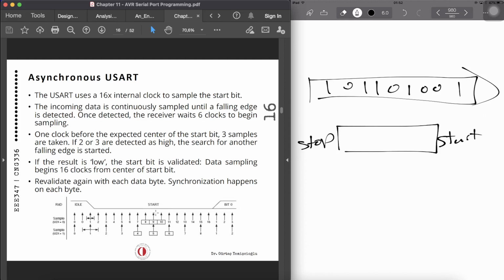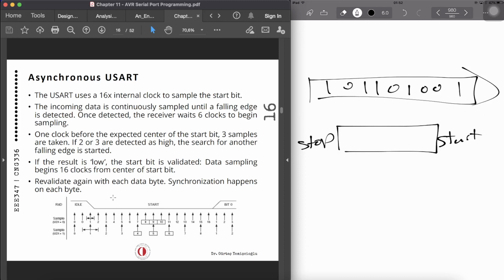What it is looking for is, because after the falling edge this is the start bit, which has to be 0, it has to make sure that those 3 samples are low. If 2 or 3 are detected to be high, the search for another falling edge is started. So if you detect high somewhere, it has to look for another falling edge. That means it's not the start bit.